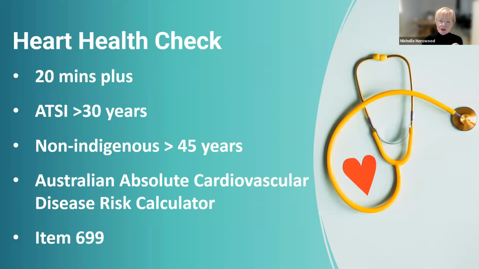You need to do a physical exam, which includes recording of blood pressure. You need to talk about interventions and referrals, and provide the patient with preventative healthcare advice to be able to bill the item 699. I think it's probably one of the most underutilised health assessment item numbers. So please think how that can be woven into your practice. I think it would be quite helpful.